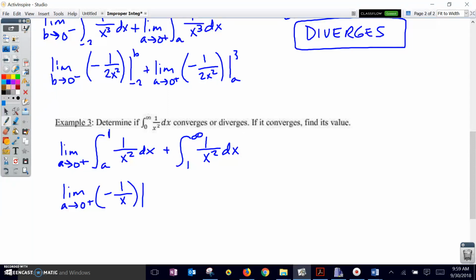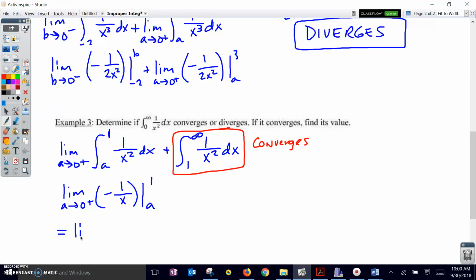Alright, now I know that this one converges from our extremely important fact that we learned in the last lesson. And so since I know that that piece converges, my determination of whether the whole thing converges or diverges falls to the behavior here.